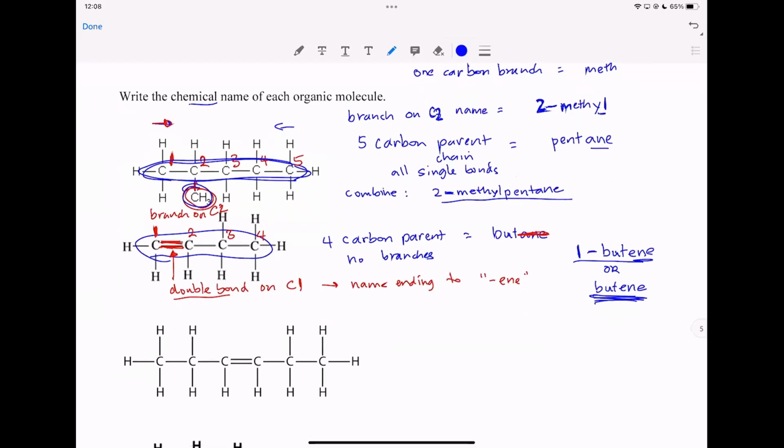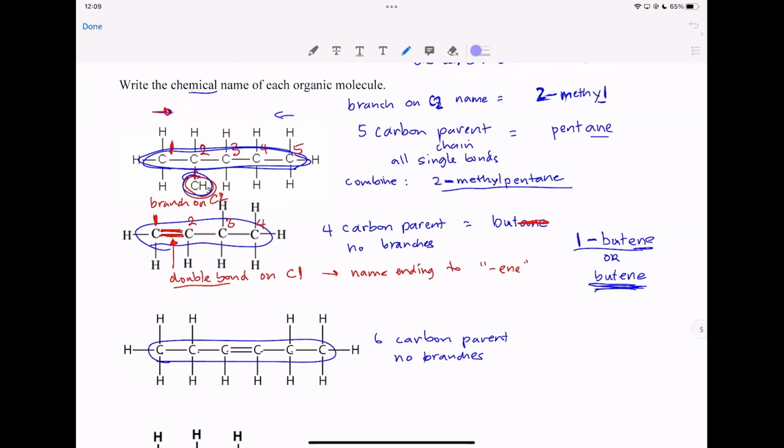Okay, so the next example we're looking at is look for the longest continuous carbon chain. So that's just going straight across. So this is 1, 2, 3, 4, 5, 6 carbon parents, 6 carbons in this parent chain. And there's no branching going on. So that was easy to spot.